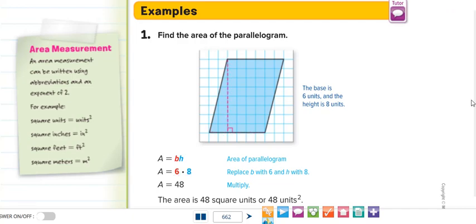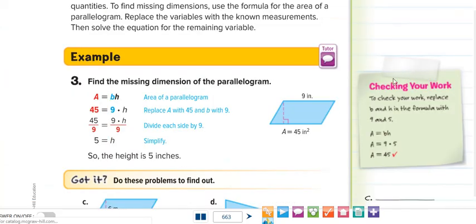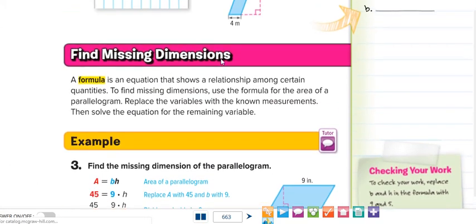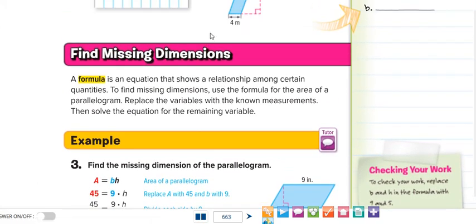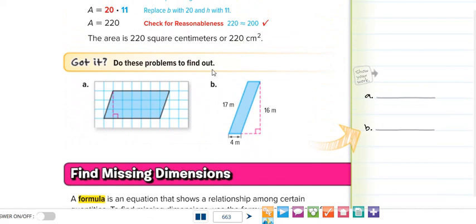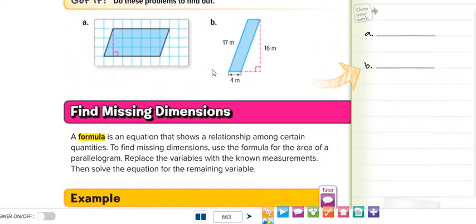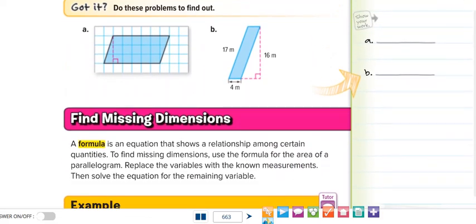Moving on. Let's solve problems A and B. I need to find the area of this parallelogram. Let's discover the length of the base. I have here 1, 2, 3, 4, 5, 6.